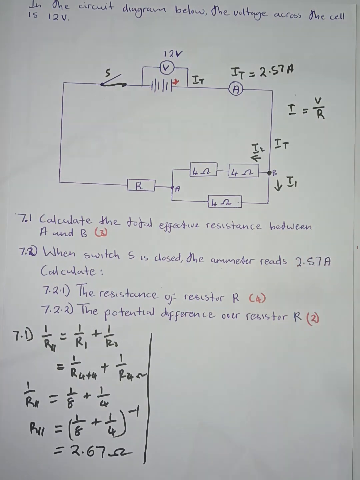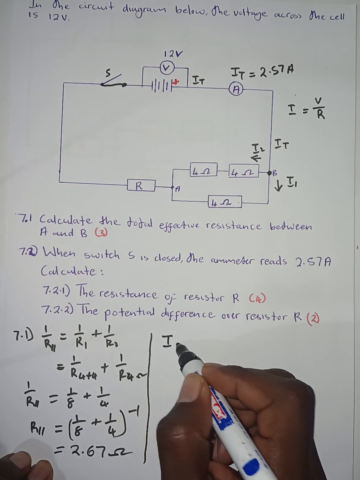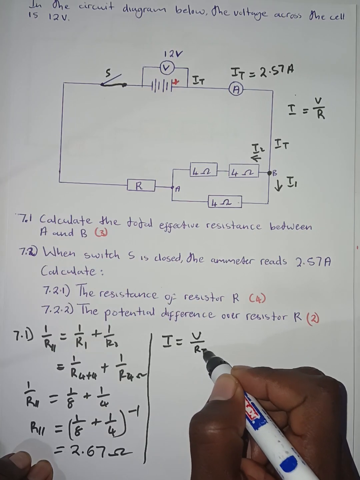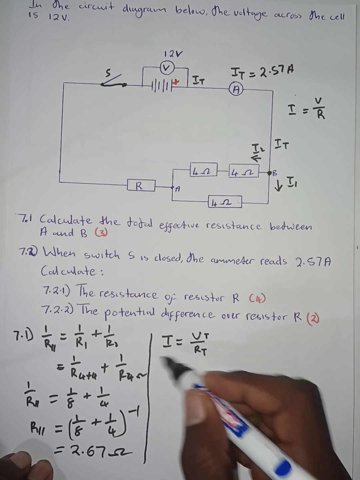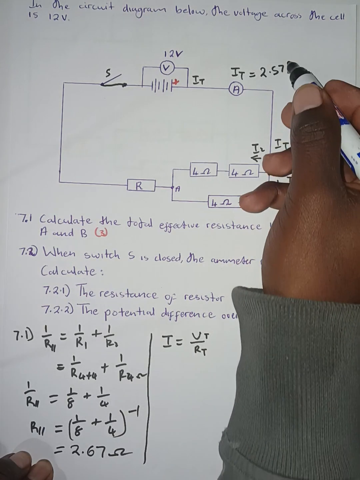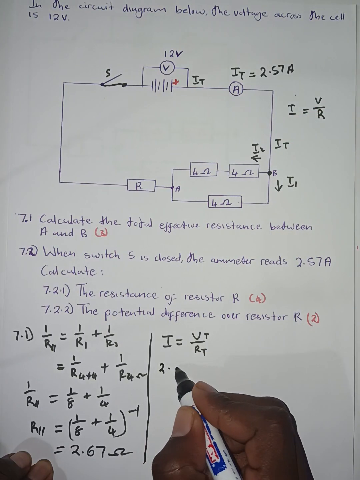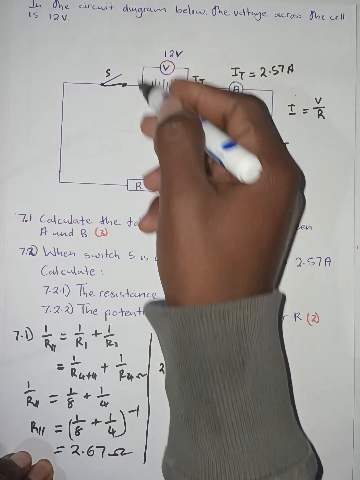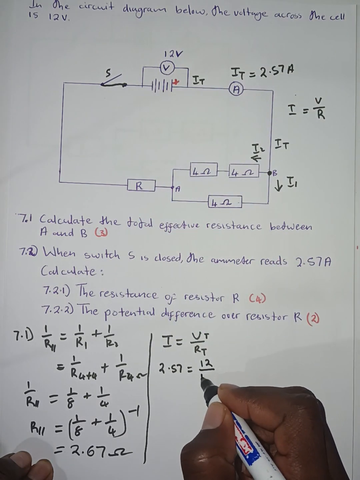I'm going to tell you why I did that. So I would be equal to V divided by R, but that's R total, so that would be RT, and that would be IT. So that would be 2.57 equals V, which is my V total, so that would be 12. So this would be 12 divided by R total.